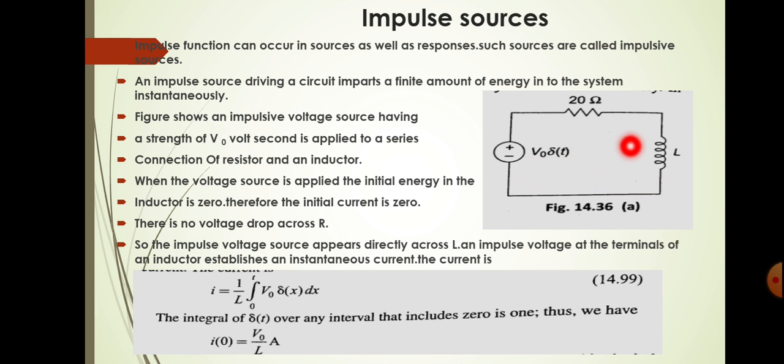That means there is no voltage drop across R. Here there is no current through the inductor, so the voltage will appear across this inductor. At that moment there will not be any voltage drop across this resistor R. When the current is 0, it acts as an open circuit, so the complete applied voltage will appear across the inductor.